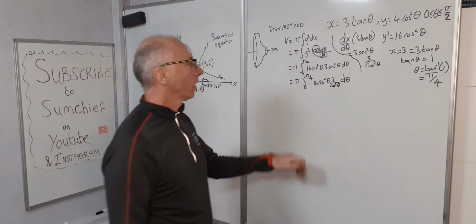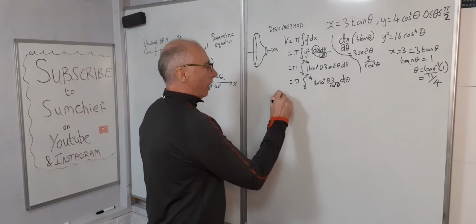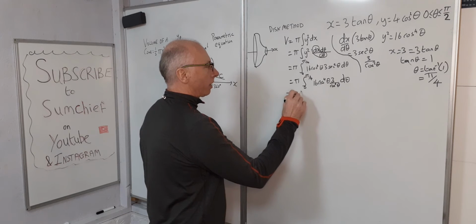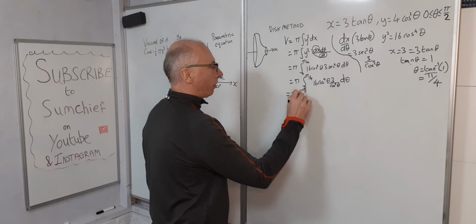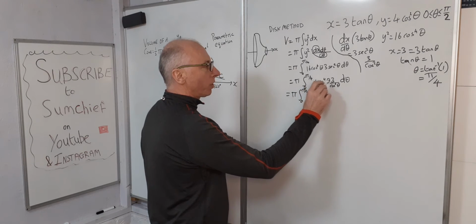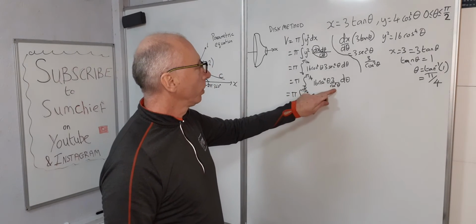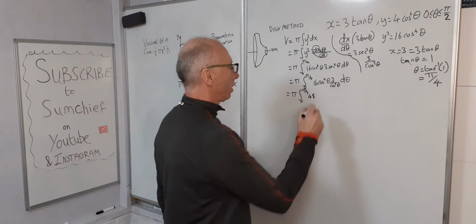Okay, now we can do a cancellation. So let's put that in. It's pi times the integral from 0 to pi over 4. Now 16 times 3 is 48. Cosine to the 4 divided by cosine squared is cosine squared.